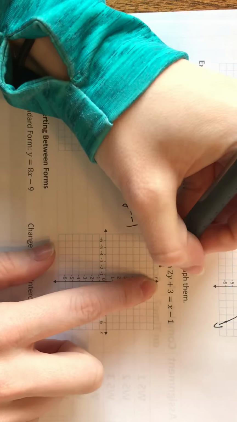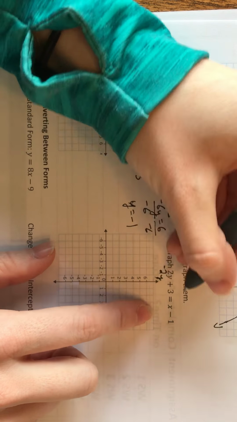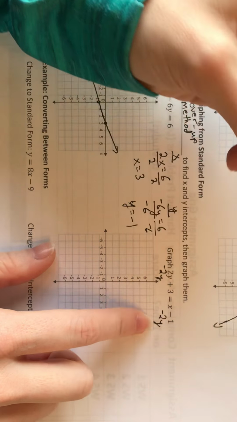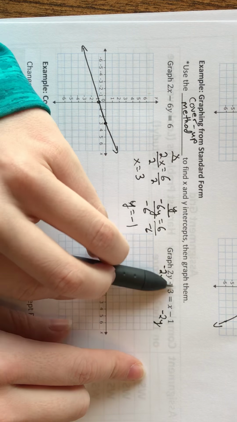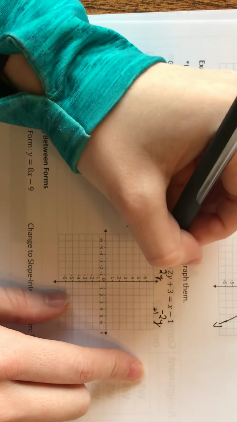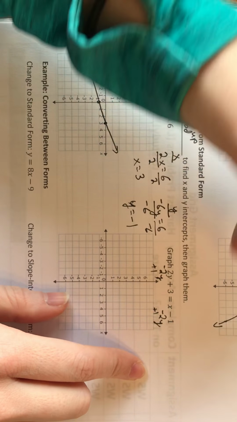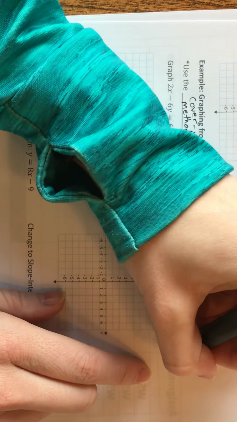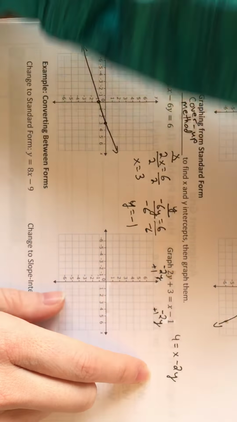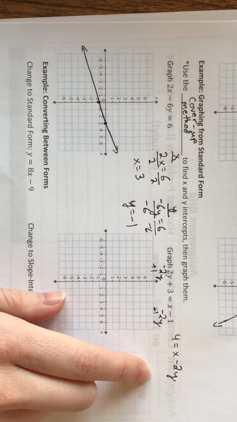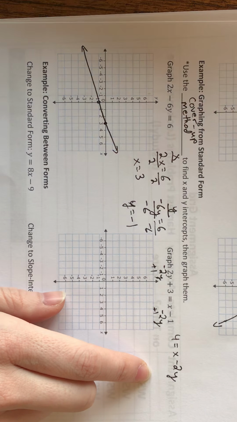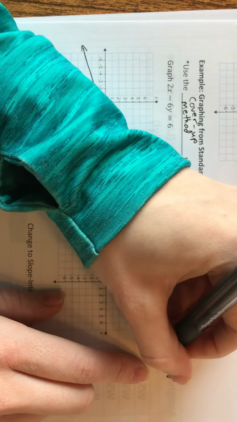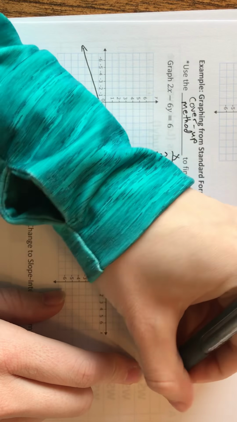I'll subtract 2y from each side, and add 1 to both sides. So I end up with 3 plus 1, so that's 4 equals x minus 2y. Or if you want, you can reverse it so it looks like a standard form function: x minus 2y equals 4.